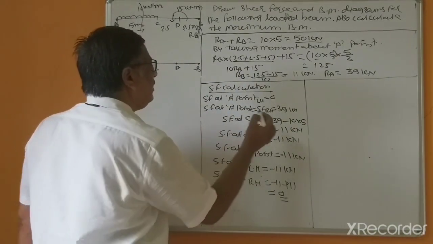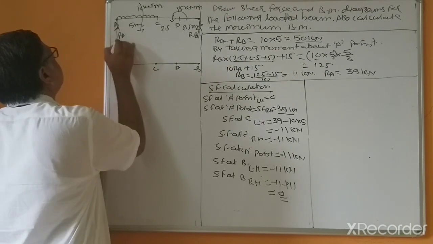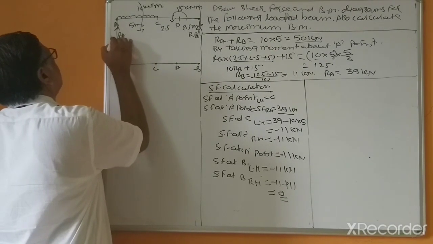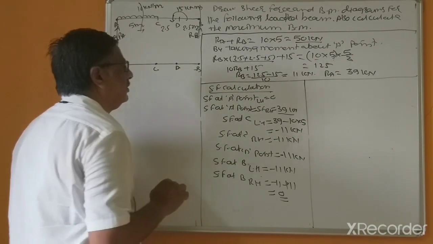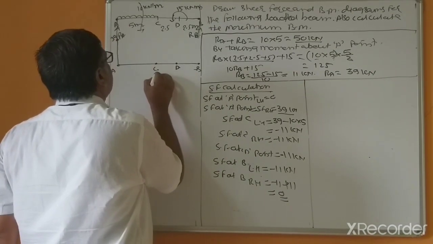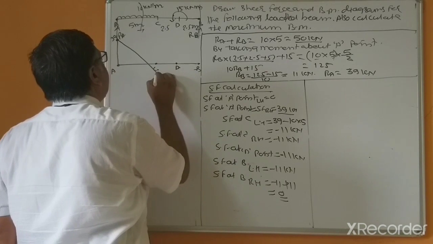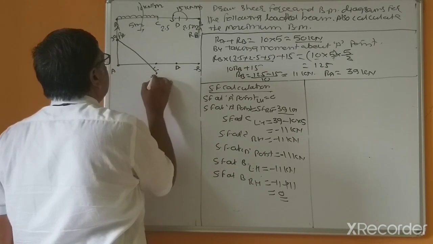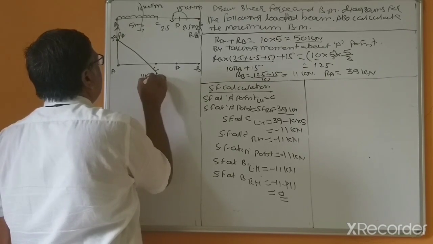At A point maximum 39, at C point minus 11. So this is a straight line, 11 kilonewton.